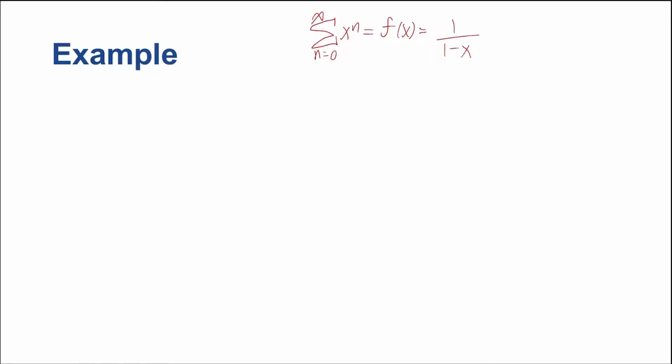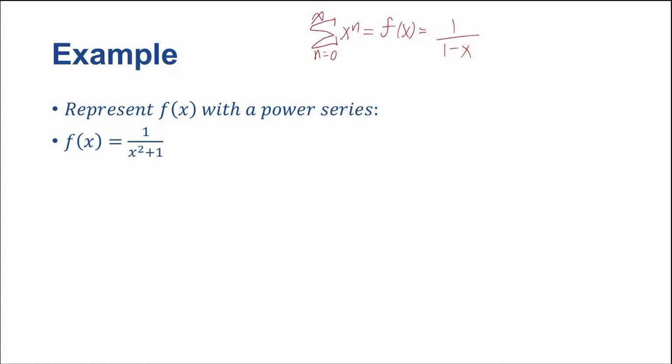So let's try an example of representing a function with a power series. Let's say I want to represent f of x with a power series, and f of x is 1 over x squared plus 1. Well, it looks a little bit like this. The basic idea when we're doing these calculations is that we want to make this function some form of this.